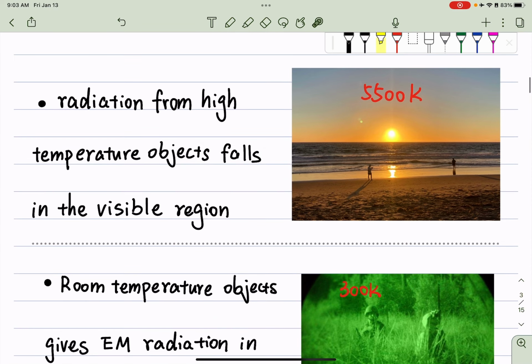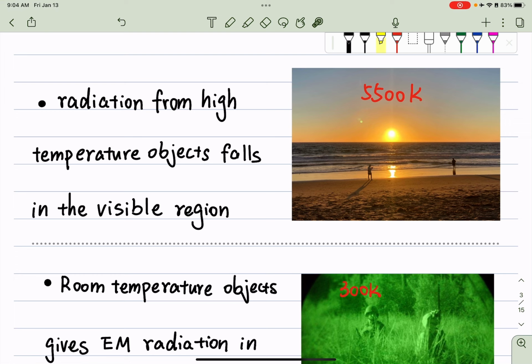An example here is, well, again, black body radiation is not mysterious, right? The sun: we see sunlight because it's also giving out energy as black body radiation. And the wavelength, or the type of electromagnetic radiation that's given out, depends on the temperature. You'll probably see that question in your discussion worksheet.